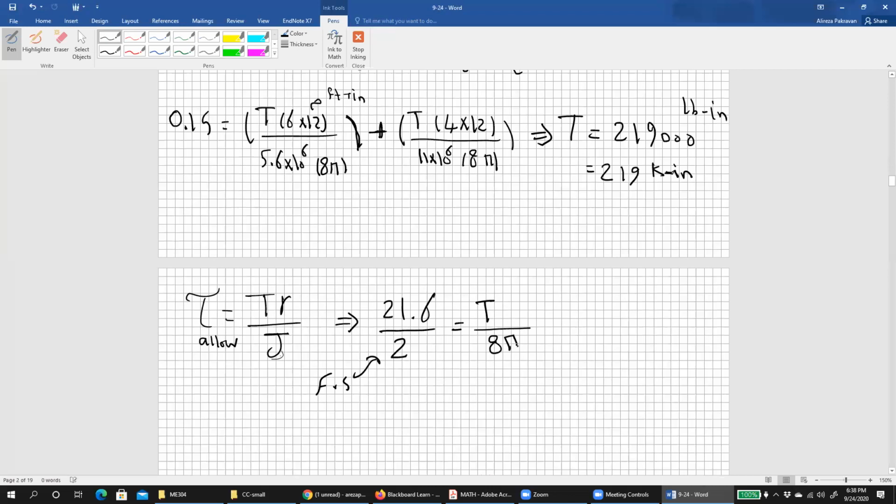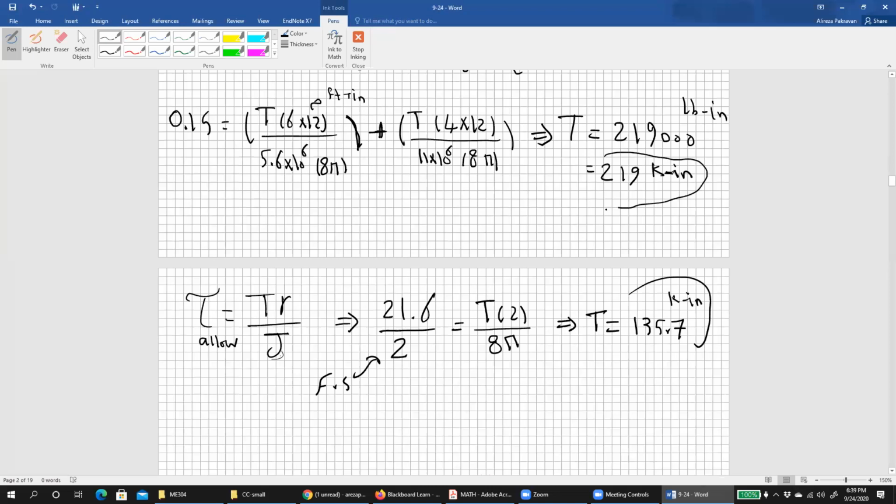What is R? 2. Yeah, radius of the shape. And using this formula, the value for T would be 135.7 kips inch.